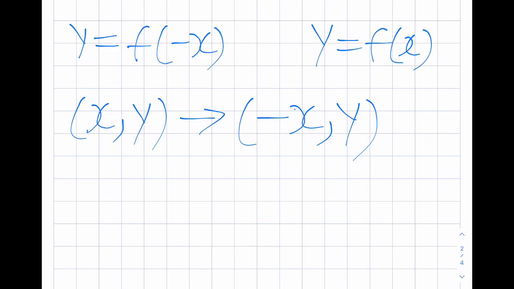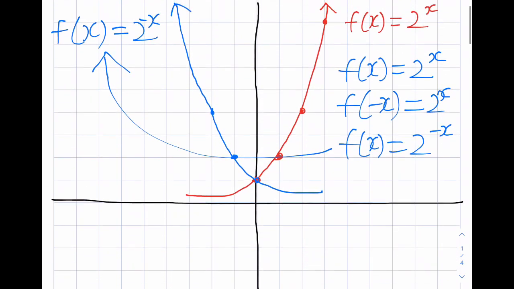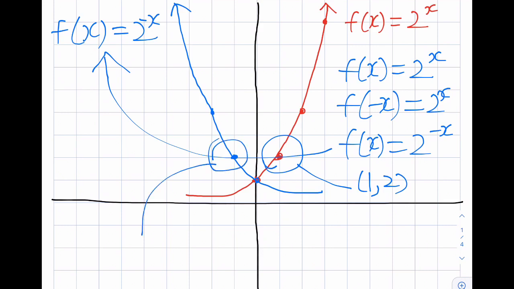And as you can see, in this graph, we have the red function, and this point will be (1, 2), while this point, which is the corresponding point on the transformed graph, will be (-1, 2). So the x value got a negative added to it, and that completes the reflection in the y-axis.